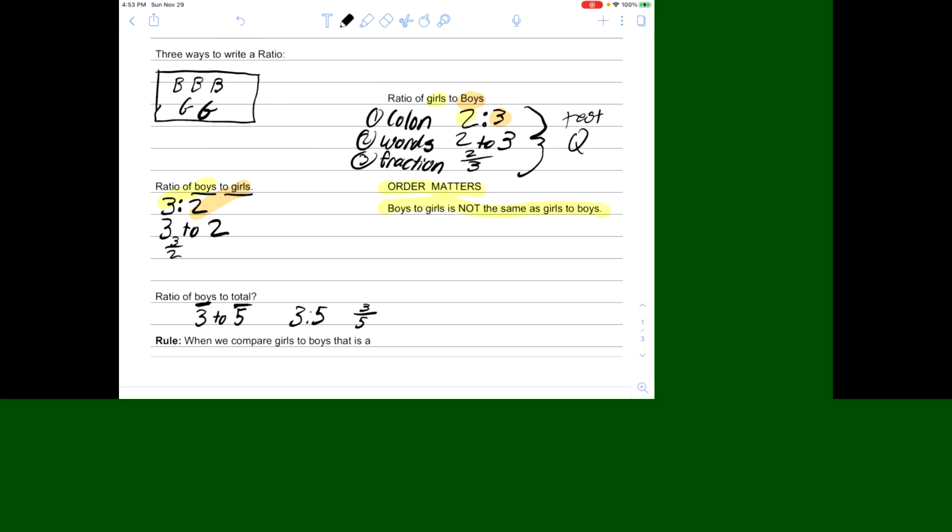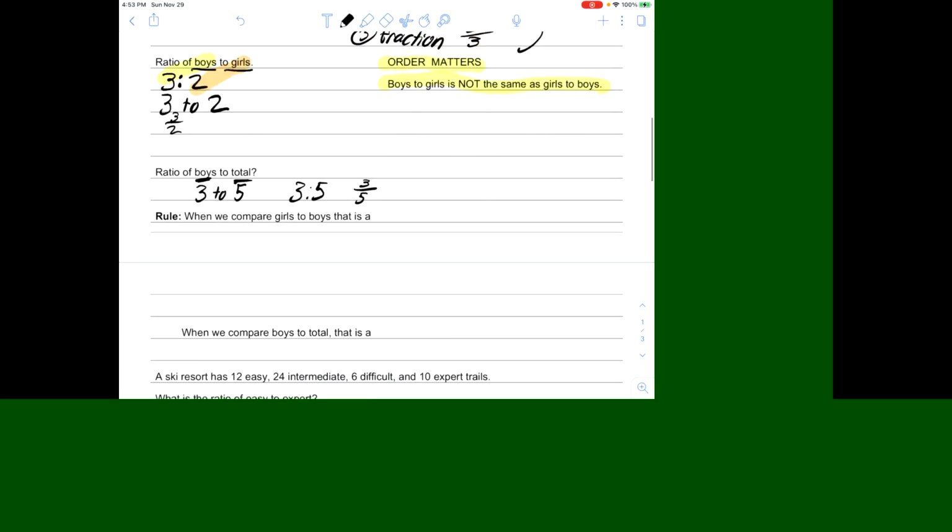Now, these are different things. When we compare girls to boys, this is called a part to part ratio. We're comparing the part of the group that is girls to the part of the group that is boys. When we compare boys to total, that is called a part to whole ratio.